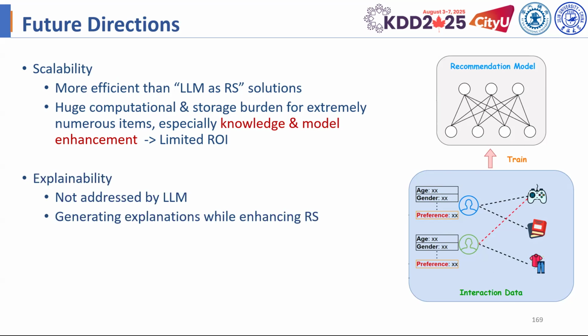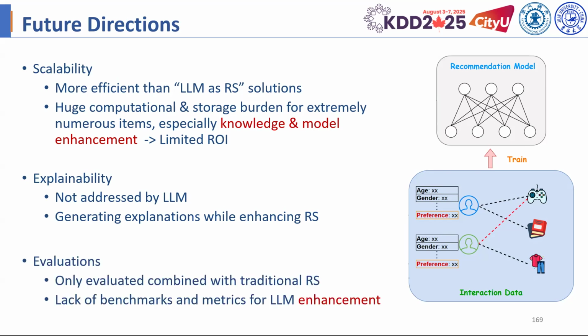Secondly, explainability is an important aspect of trustworthy RS. LLM is a promising solution to enhance this for RS, but current LLM ERS frameworks do not address this problem. It might be valuable to explore how to generate explanations while enhancing RS with LLMs.